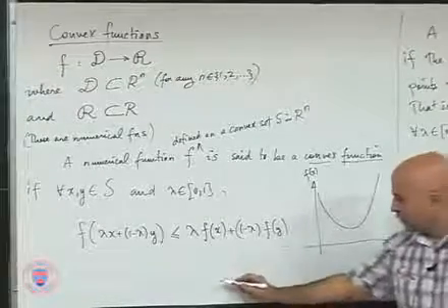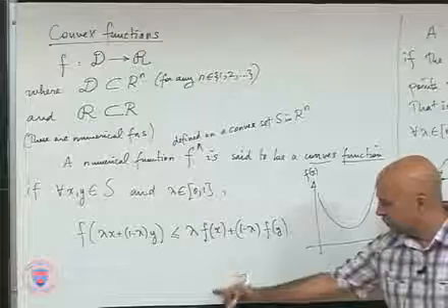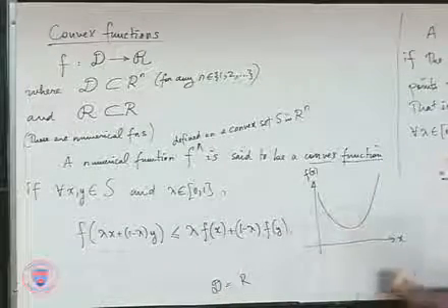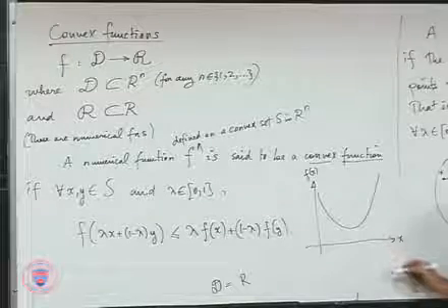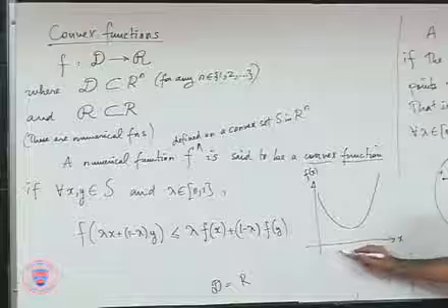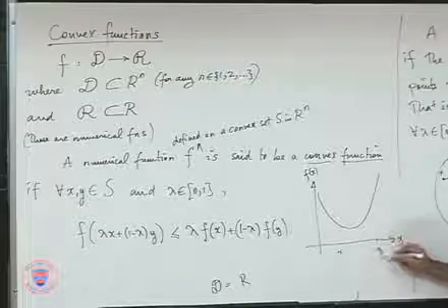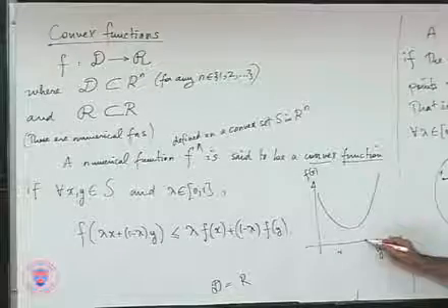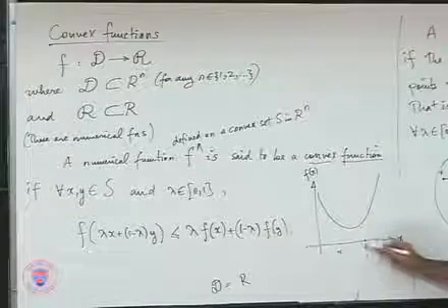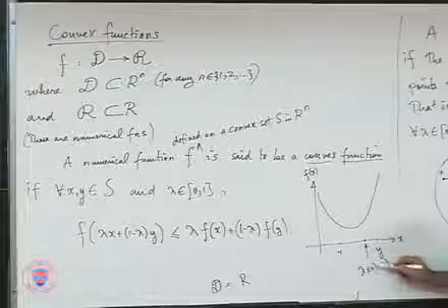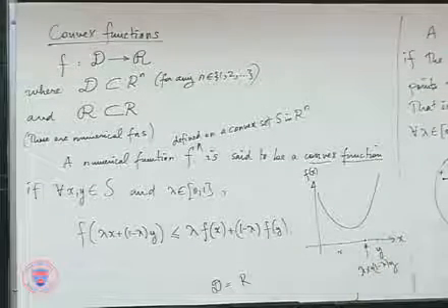Okay, the domain of function f is the real line, and the range is also a real line. Okay. So if I pick an x here, and pick a y here, and pick a lambda, then I generate a point such as this one. Okay?